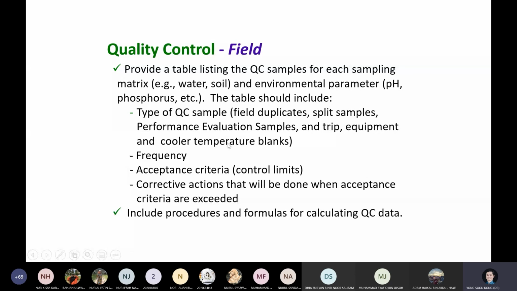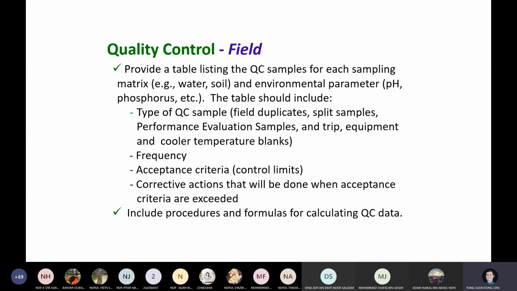Apart from these QC samples, you also have frequencies. I would say replicates is what they meant here, not frequency: the frequency of repeating the sampling. Acceptance criteria, the control limits, are related to the limits of your objective.